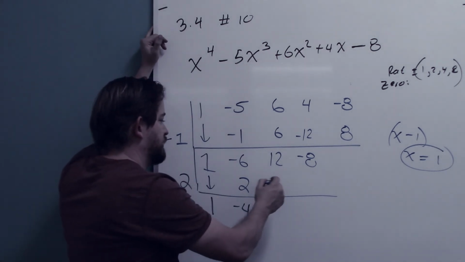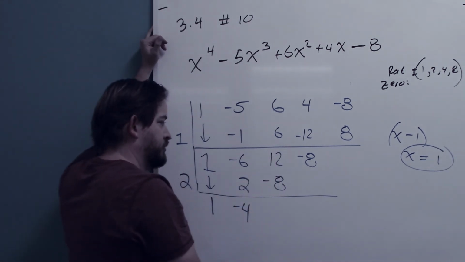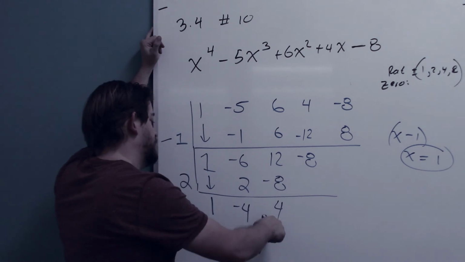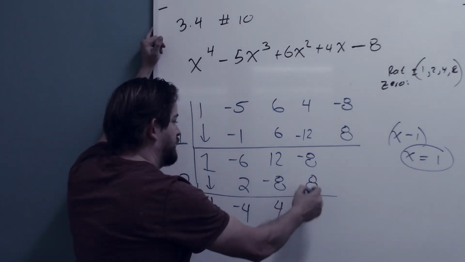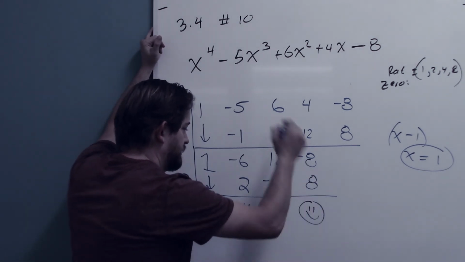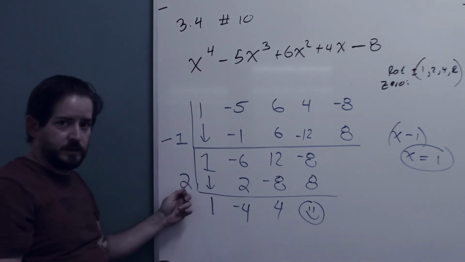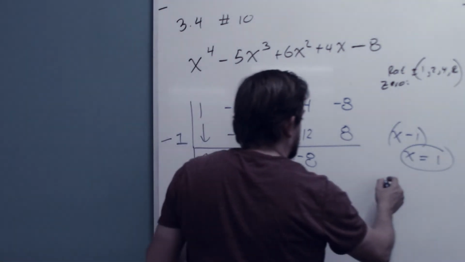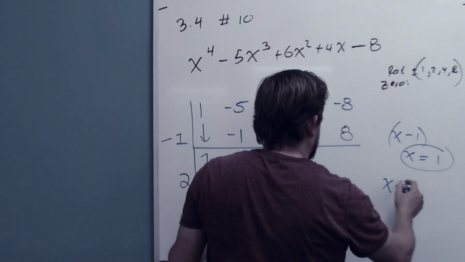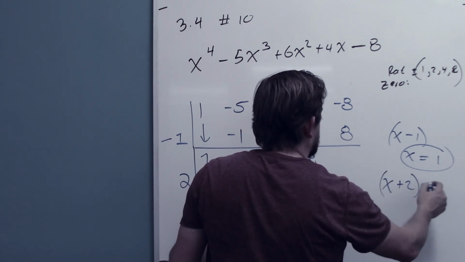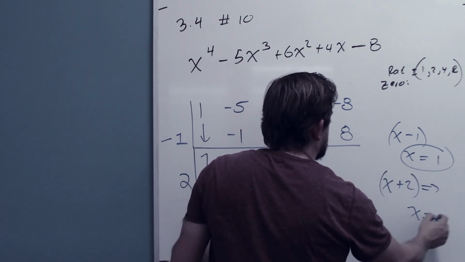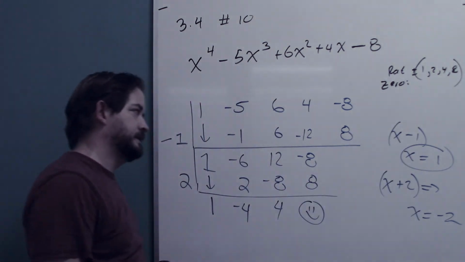Times 2 is a -8. -8 and 12, that's a 4. 4 times 2 is 8. There we go. That's a 0. Excuse me, x plus 2 is a factor, which means that x equals -2 is a 0.